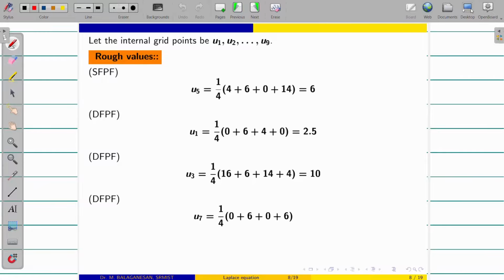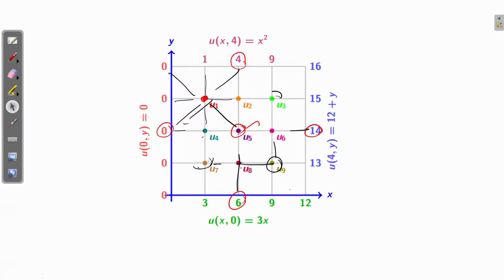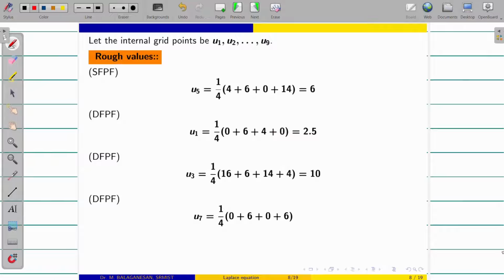I will show the diagram, then you can easily understand. For U7 we have to use diagonal 5-point: 0 plus U5 plus 0 plus 6.